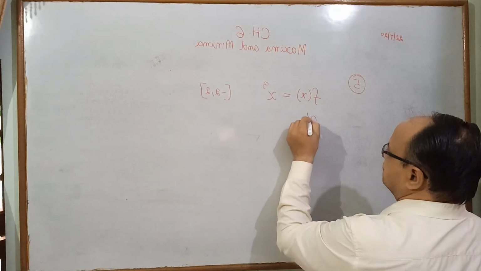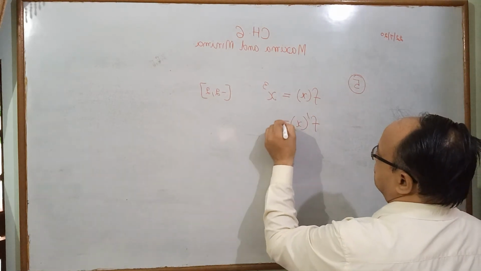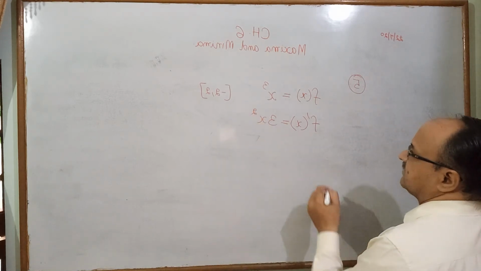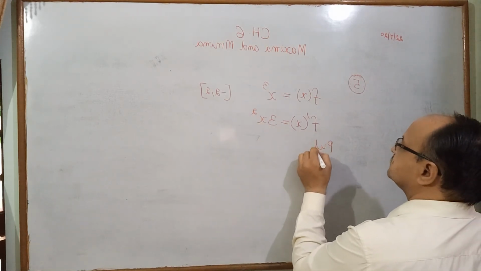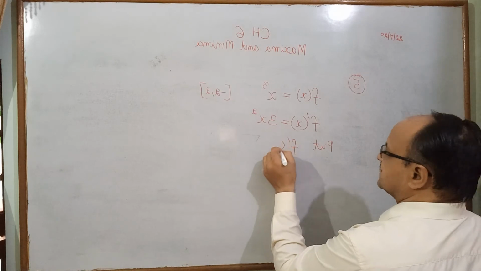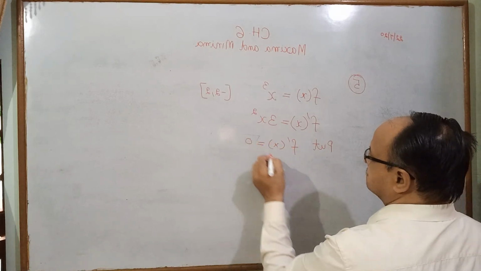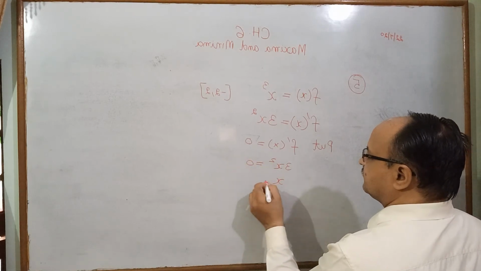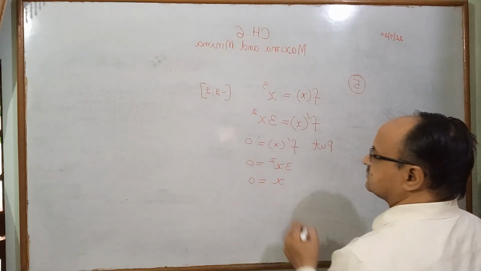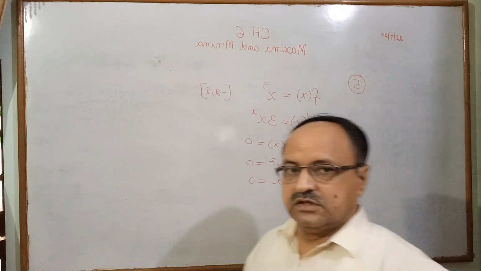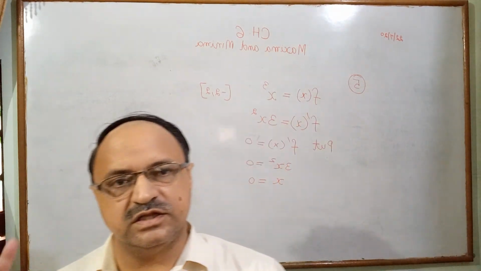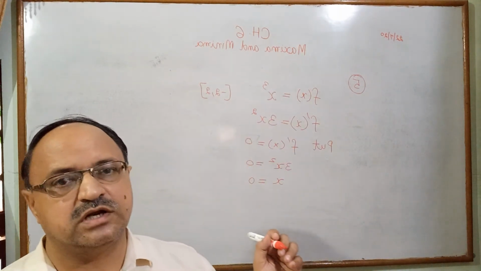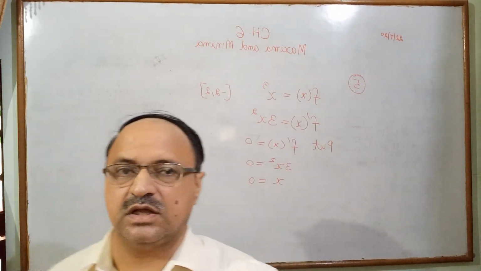Find its derivative, that is 3x square, and put f dash x is equal to 0. 3x square is equal to 0. Therefore, x is equal to 0. So there are two values already in the interval, minus 2 and 2. So there is no need to find the second order derivative in this question.